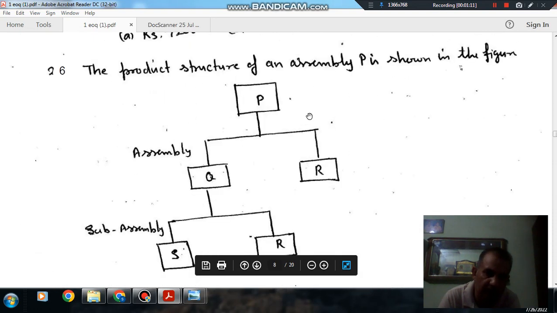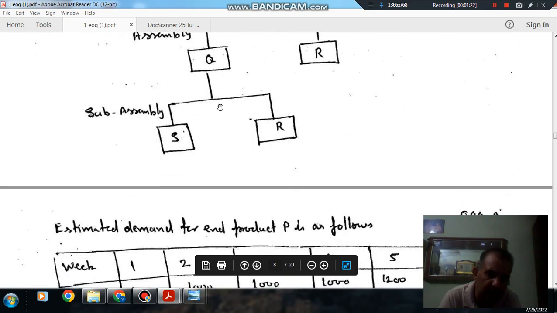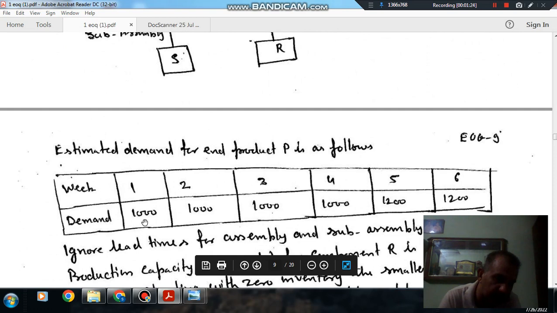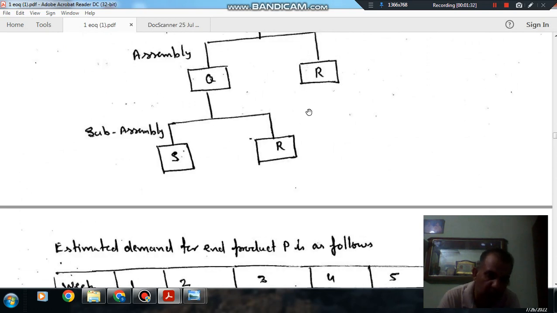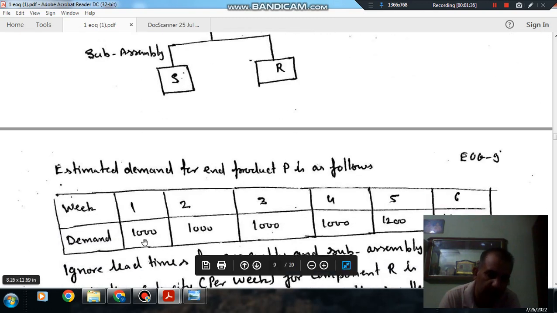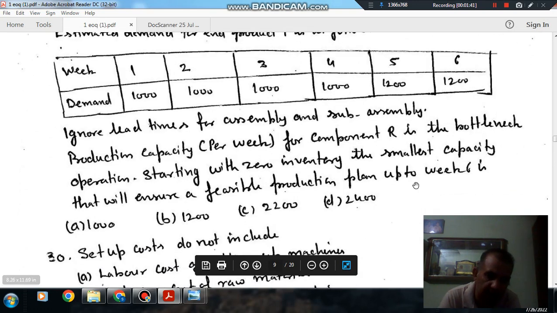So this is the structure of P, and we can see that P requires two R components. As the demand of P is 1000 for the first week, 2000 R has to be available for production of 1000 P. In the options, A is 1000 and B is 1200.